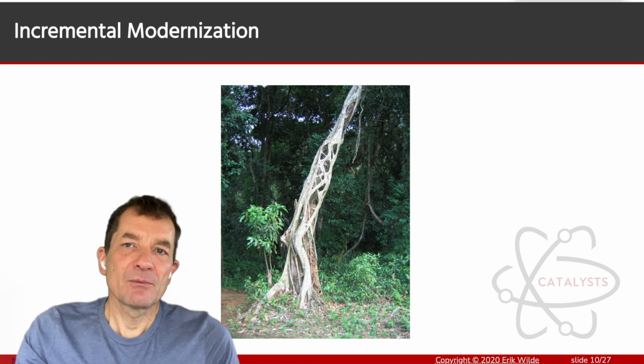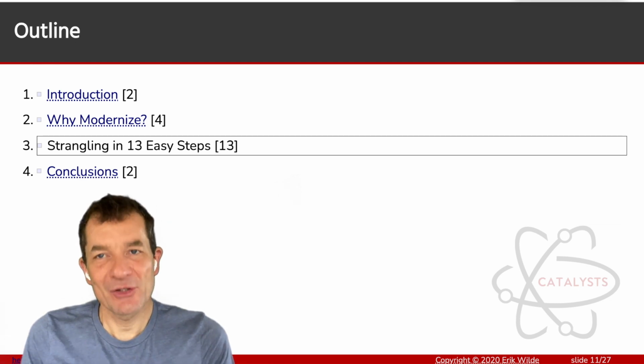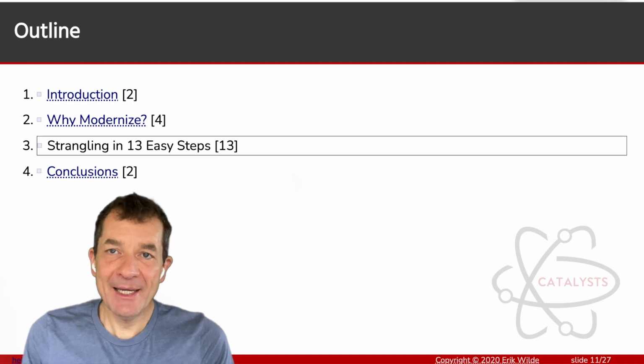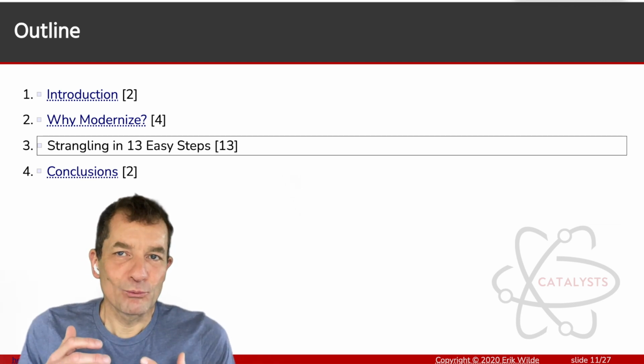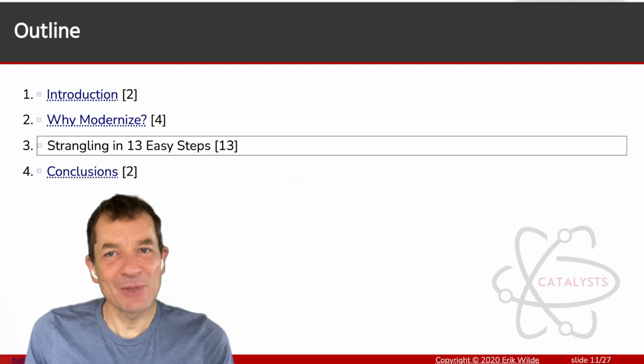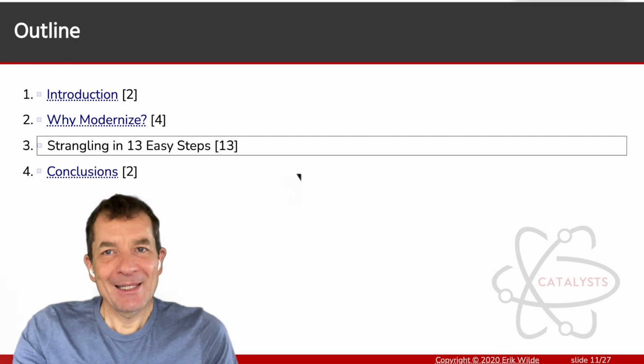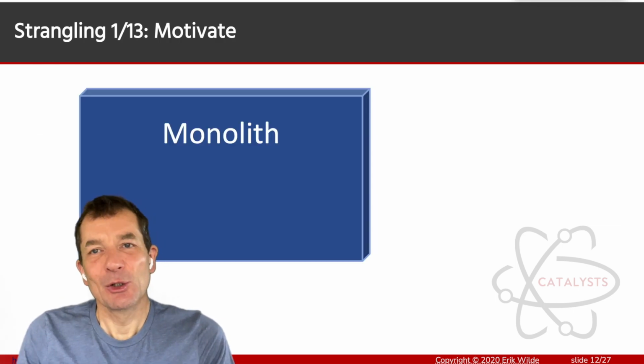And I wanted to walk you through this process very briefly so that you understand what it takes and what the things are to keep in mind. And I've decomposed this process into 13 steps, but these are really easy steps. So bear with me and let's start to go through those steps.